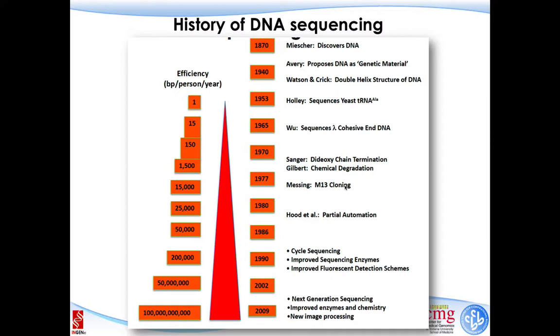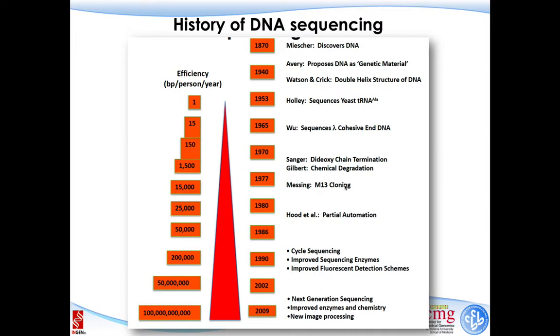Then fast forward to the 1970s, and our capacity increased dramatically. That is when Sanger sequencing was invented, and at that point, people could sequence 15,000 nucleotides in 1 year. We are talking about one person.